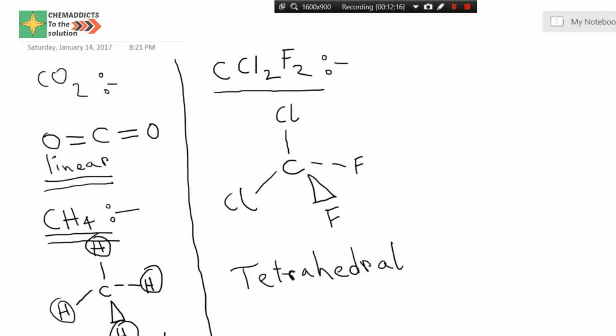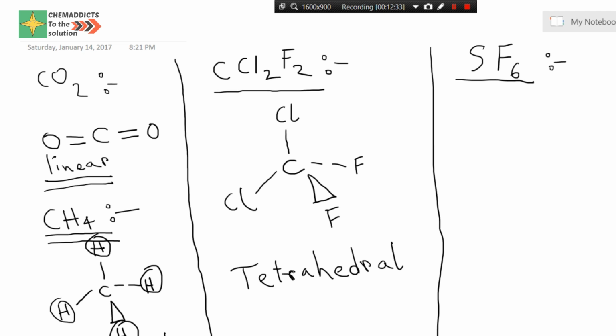Now let's draw the next one, which is sulfur hexafluoride. Oh, more spooky. The formula of sulfur hexafluoride is SF6, and its structure is a lot more weird. Spooky, it looks like a ghost. Let's try to draw the molecular structure.